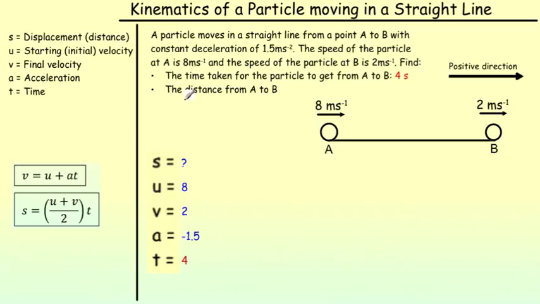Moving on then to the second part, it asks us for the distance from A to B. So we know now that our time is 4, we've put that in down here. We're trying to find our distance s, so we're going to have to use our second SUVAT equation. So let's set that up. s is equal to u plus v over 2, so that's going to be 8 plus 2 all divided by 2, and that's all multiplied by our time, which we worked out in the first part as 4 seconds.